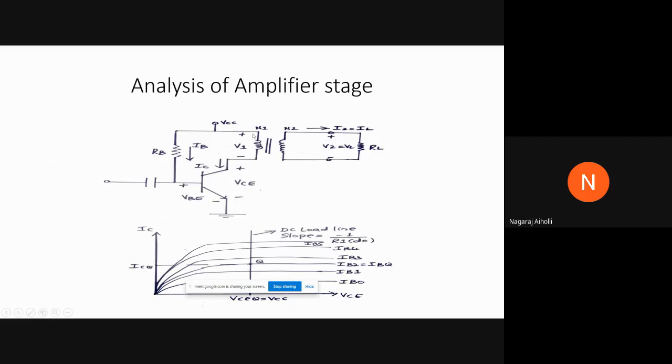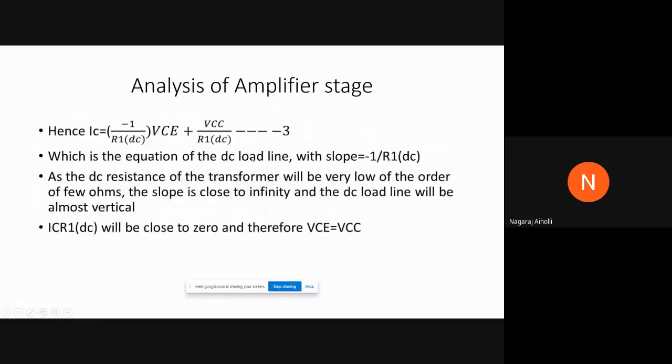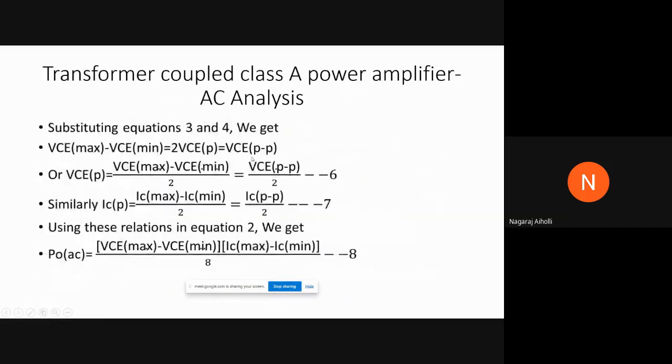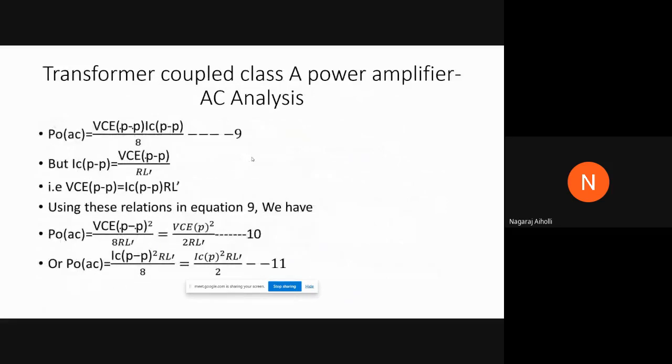The primary coil resistance is RL dash on the primary side of the transformer. That is, IC peak to peak is equal to VCE peak to peak divided by RL dash, or VCE peak to peak is equal to IC peak to peak into RL dash.